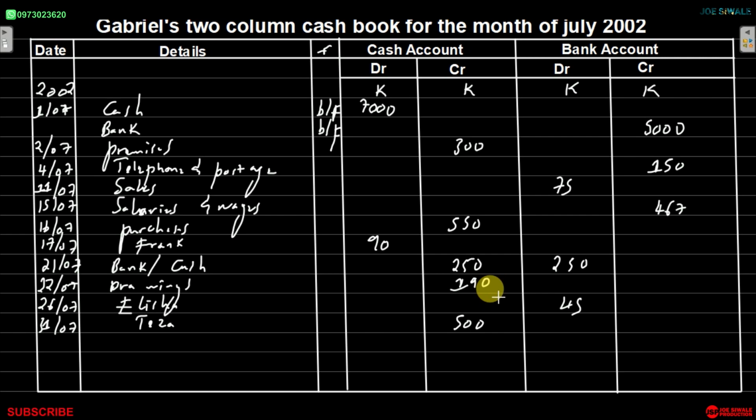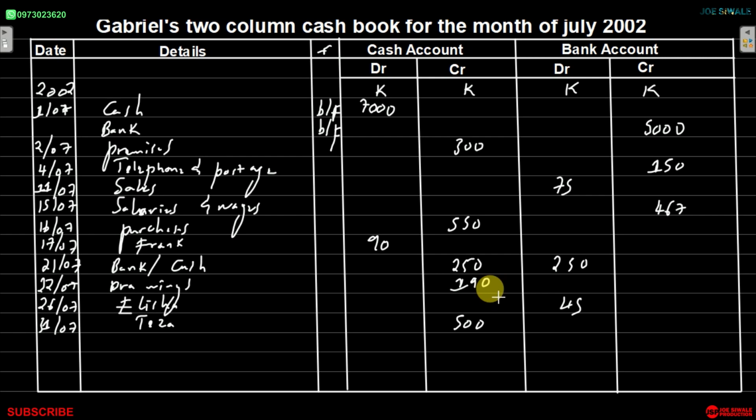Then if we add on the credit side, we're going to add 300 plus 550 plus 250 plus 190, then plus 500. The answer that we are getting is 1790. So we can see that our 7090 is greater than 1790.